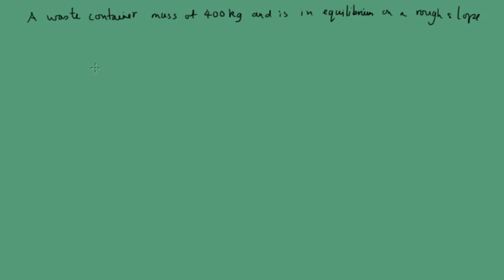Now let's do another one. A waste container, otherwise known as a bin, has a mass of 400 kilograms and is in equilibrium on a rough slope at an angle of 18 degrees to the horizontal.